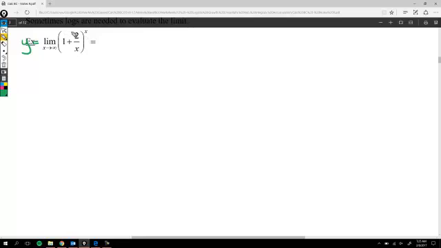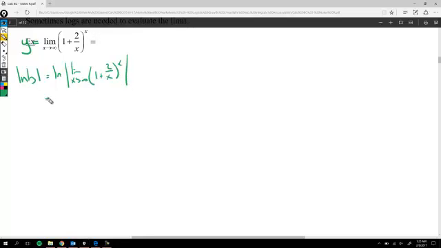Now at this point, I'm going to take the natural log of both sides. This is very similar to when we did logarithmic differentiation. So again, I'm going to take the natural log of both sides. You can probably guess why, because I have this exponent here.